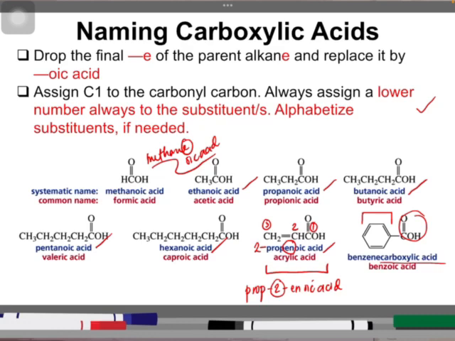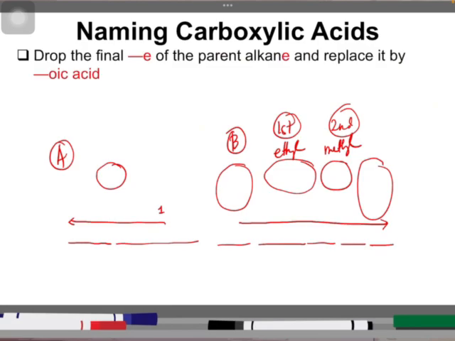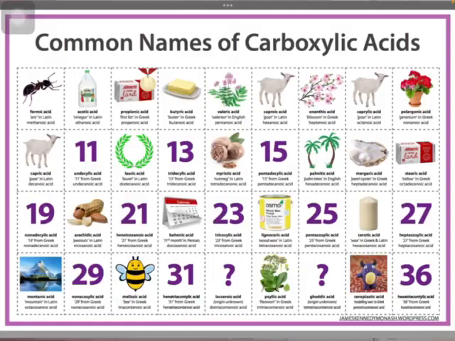So, bakit naging ganyan yung mga pangalan nila? So, yung common name ay dinerive siya kung saan nanggagaling yung carboxylic acid na yun. For example, yung formic acid, it comes from a Latin word na formica, and formica means ants. So, kaya yung naging pangalan ng ating methanoic acid ay commonly called as formic acid.